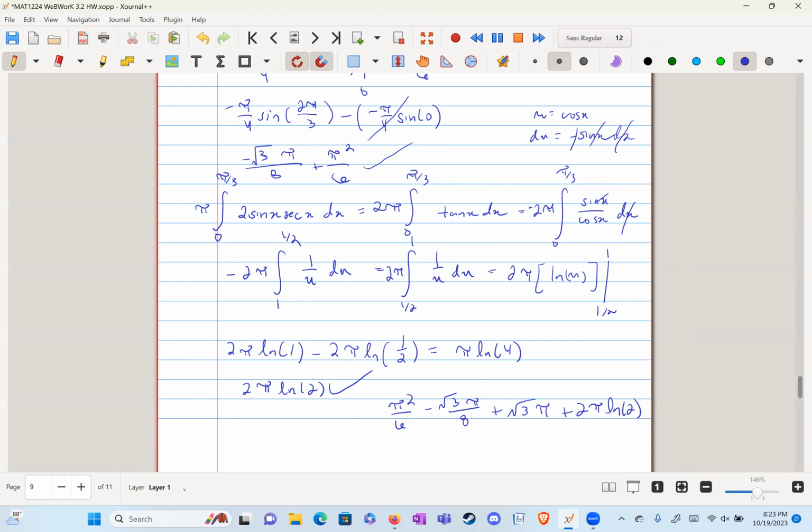This is a definite integral? Yes, definite. So no plus c. And that's our answer to question 9.